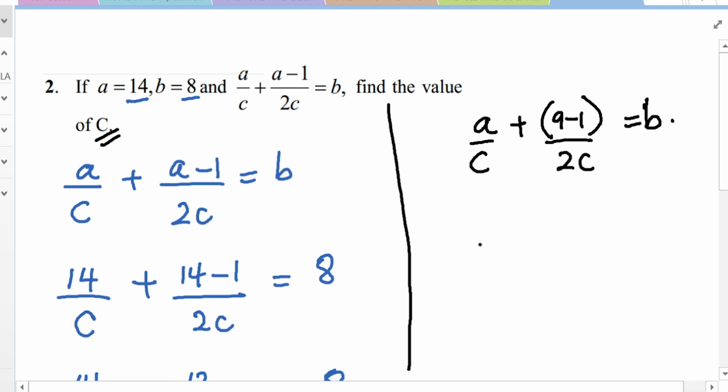Find the LCM. LCM of 2c and c, that is 2c. 2c divided by c is 2, 2 times a is 2a, plus 2c divided by 2c is 1, that is plus a minus 1, is equal to b.